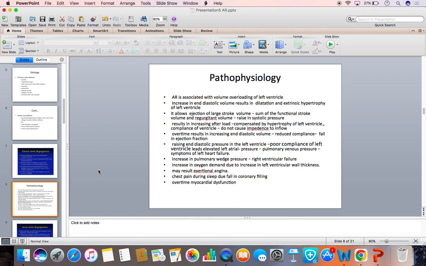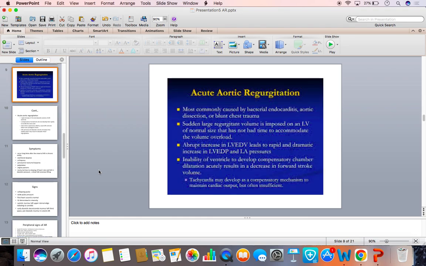Over time, there is myocardial dysfunction and heart failure. This is the course of events that occur in the patient with aortic regurgitation, resulting in congestive heart failure. That is what happens in chronic aortic regurgitation.